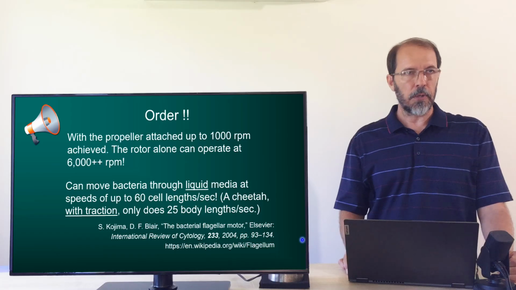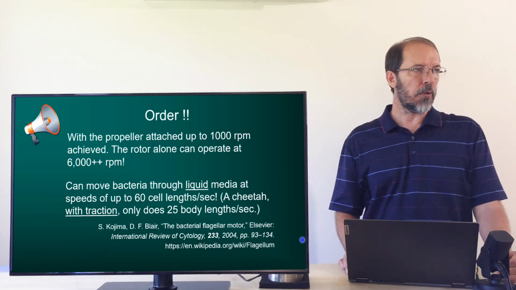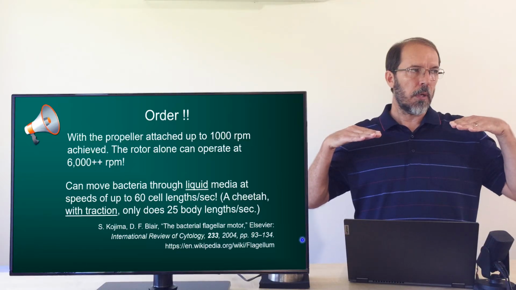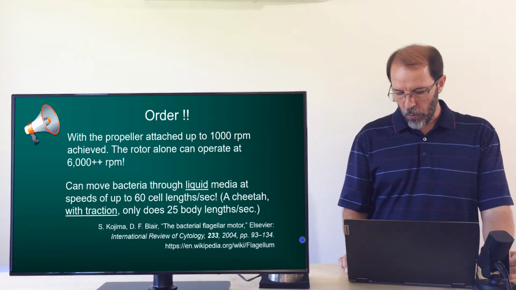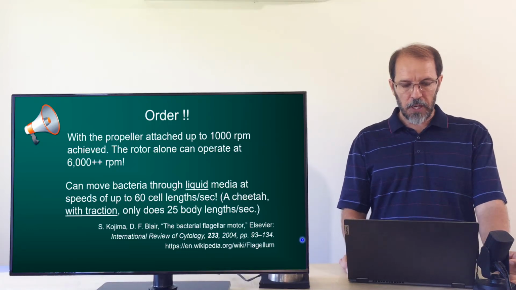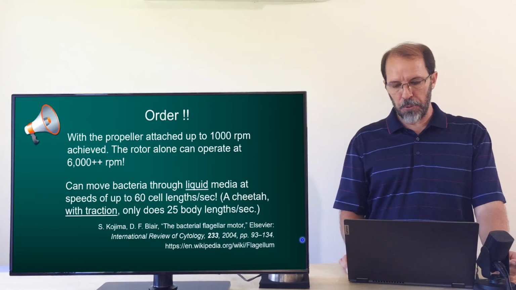Take note. Think of the beach. Go to the beach, go to a swimming pool, go in shoulder depth and try to run through the water. And that reminds us of the drag which these bacteria experience. But they just zoom through the water at speeds of up to 60 cell lengths per second.